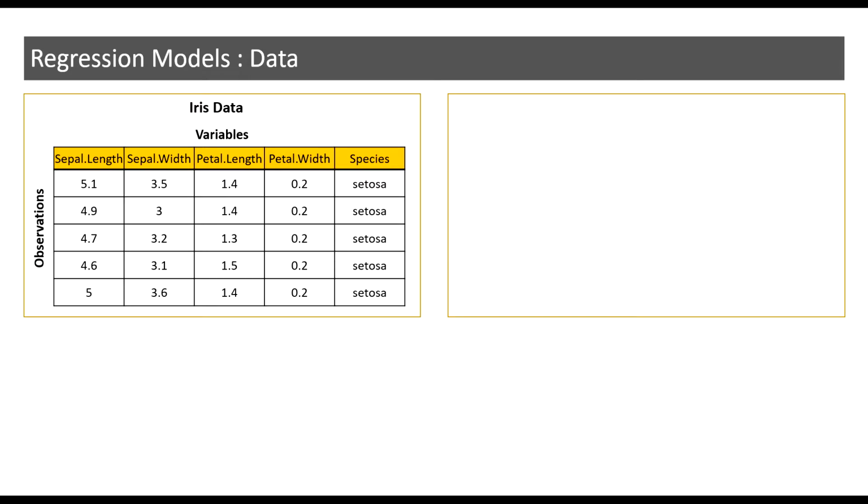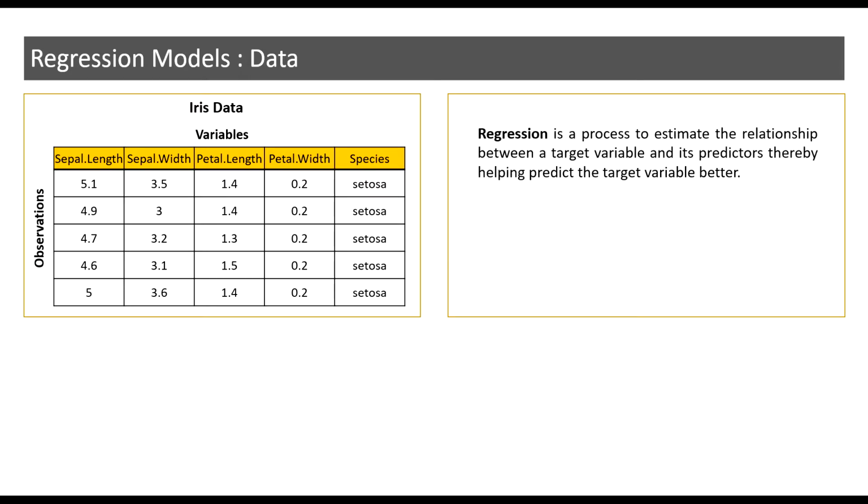So, what is regression? Regression is a process to estimate the relationship between a target variable and its predictors, thereby helping predict the target variable much better. As I indicated in the previous video, it establishes a cause and effect relationship between the predictors and the target variable.